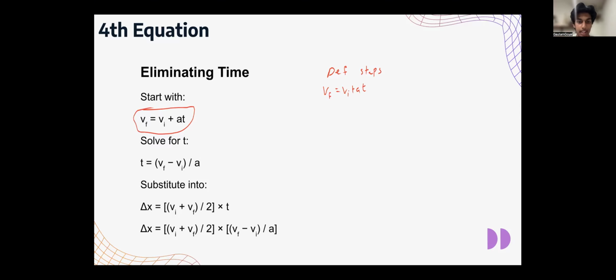Type yes if you remember this. Yes, okay, good. The other equation we had was delta x is equal to (v_i plus v_f) over 2 times t. You remember this still too, right? This is just the average velocity times the time.